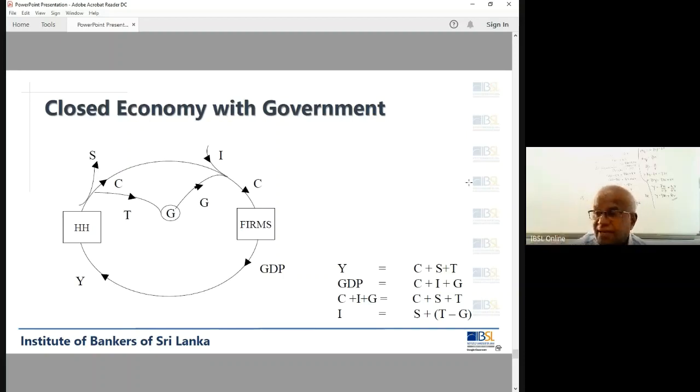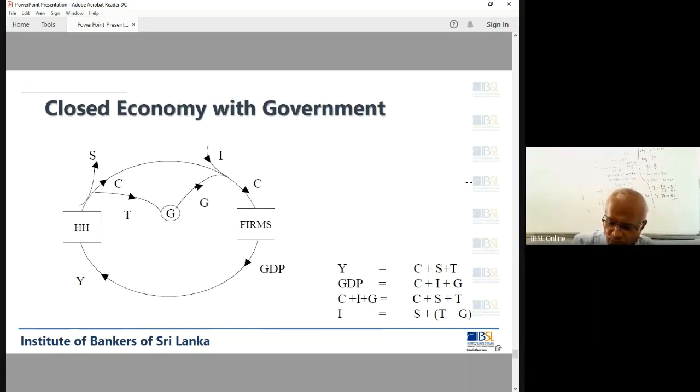But in Sri Lanka, T minus G is negative. Government expenditure exceeds revenue. That is the problem. Our government has a current account deficit. So T minus G is not positive. That is the issue. That's why we need foreign exchange, foreign assistance, foreign aid, foreign investment, foreign financing.